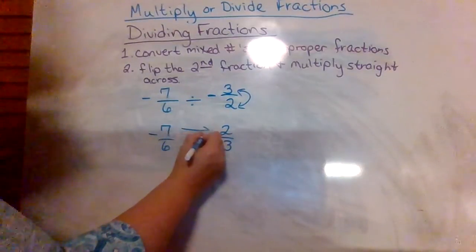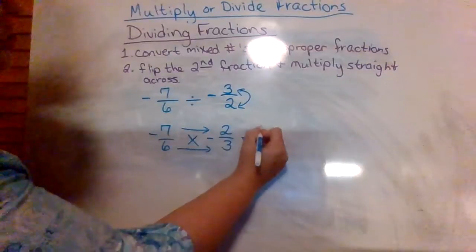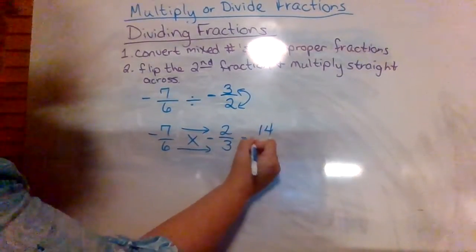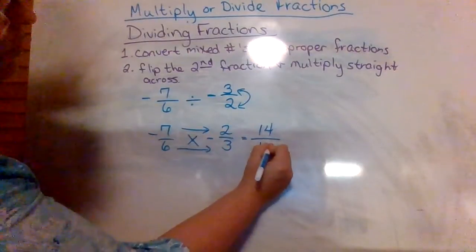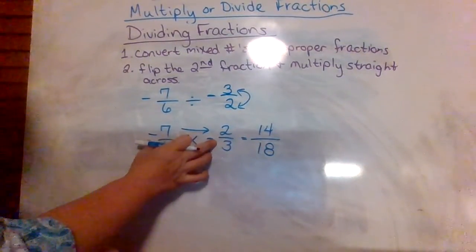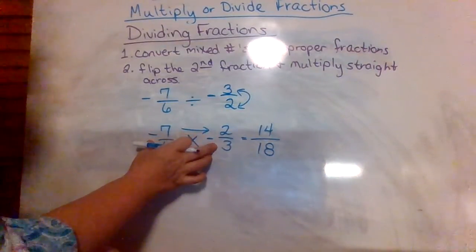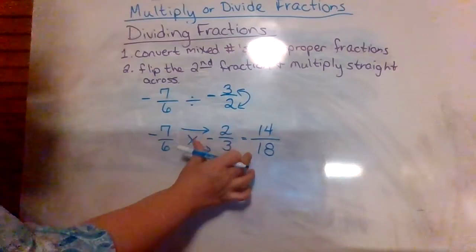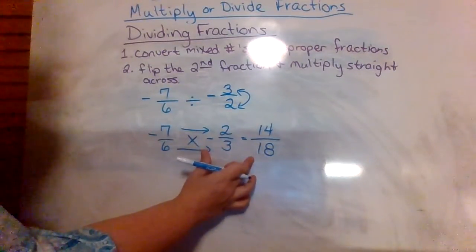So we multiply straight across. So we have 7 times 2, which is 14, divided by 6 times 3, which is 18. Now, don't forget about your negatives. A negative times a negative is always positive. So it is positive. Now, is this in simplest form?